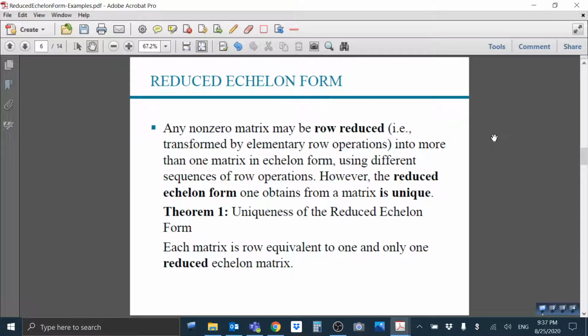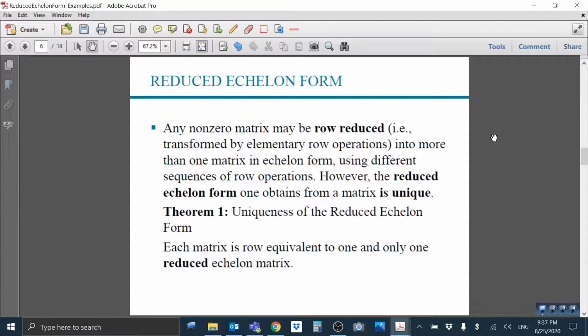By the way, several different matrices could have the same reduced echelon form. That's not a problem. For instance, we will see later that all 4x4 square matrices, when you produce your reduced echelon form, let's say your matrix is invertible, we will see what that means. It has an inverse. So all 4x4 invertible matrices obviously have reduced echelon form, which is identity.